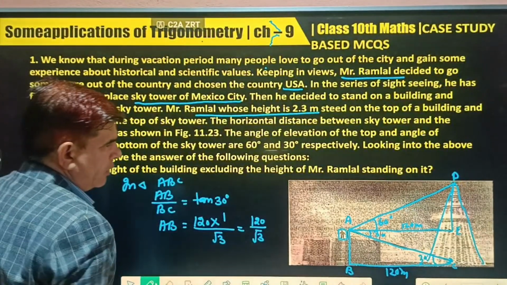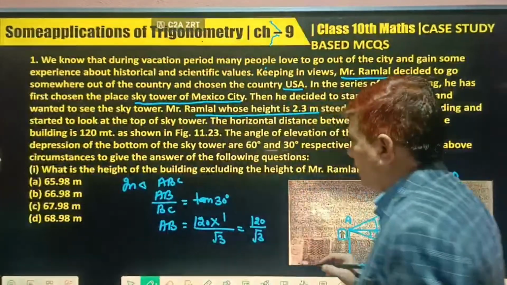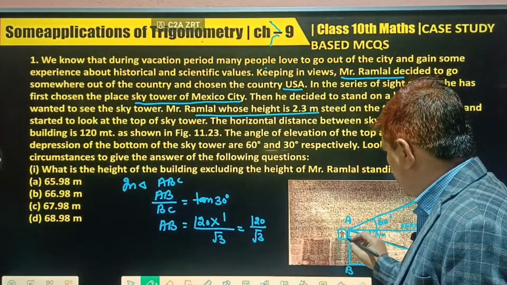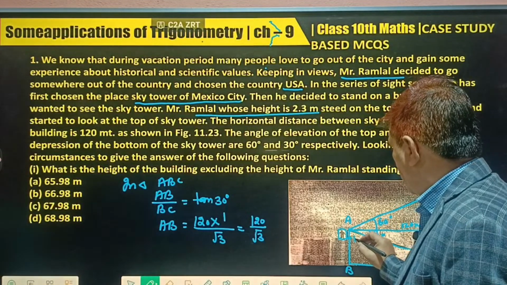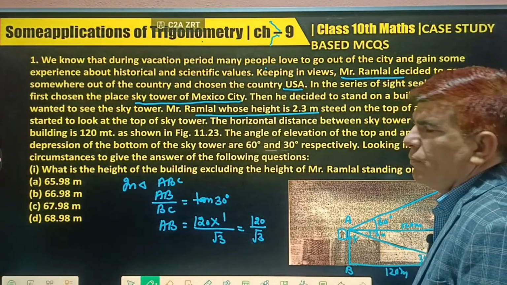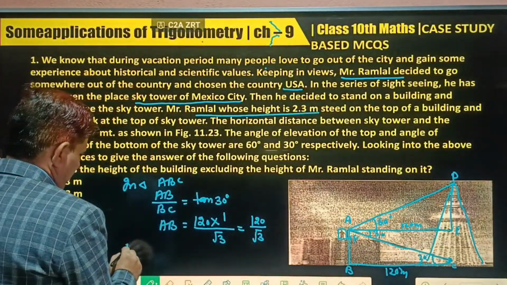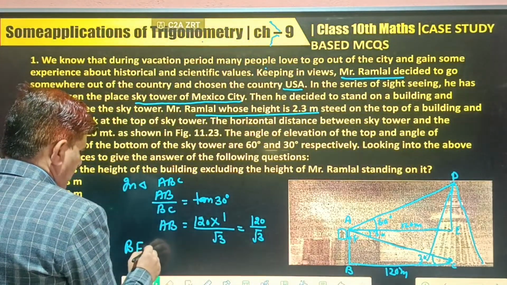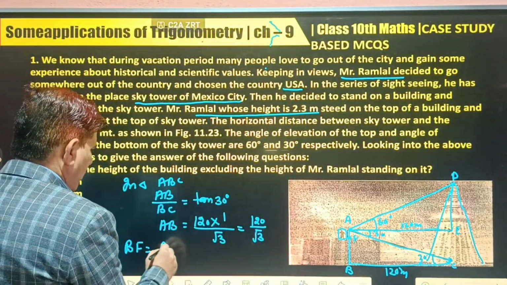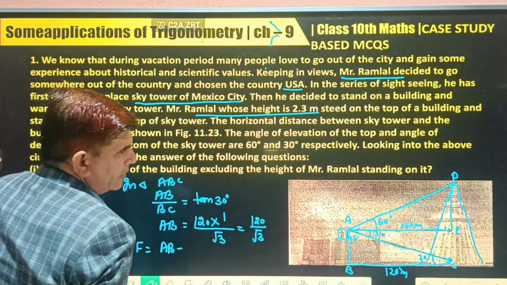But what do we have to find out? Take this point as F. We have to find BF, which is the height of the building. So BF is equal to AB minus AF.